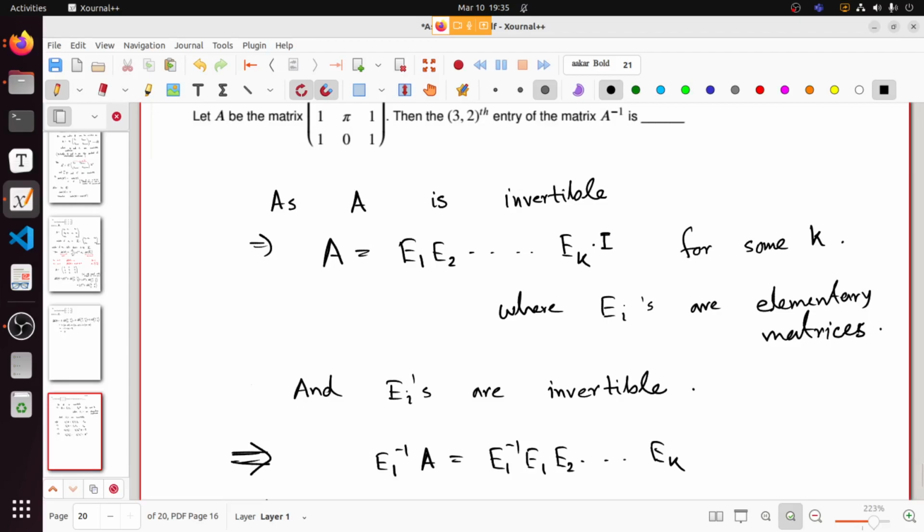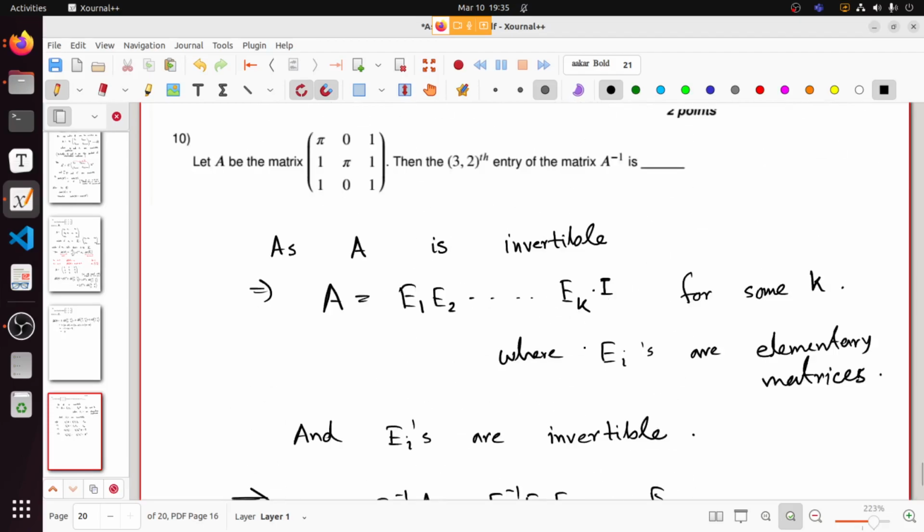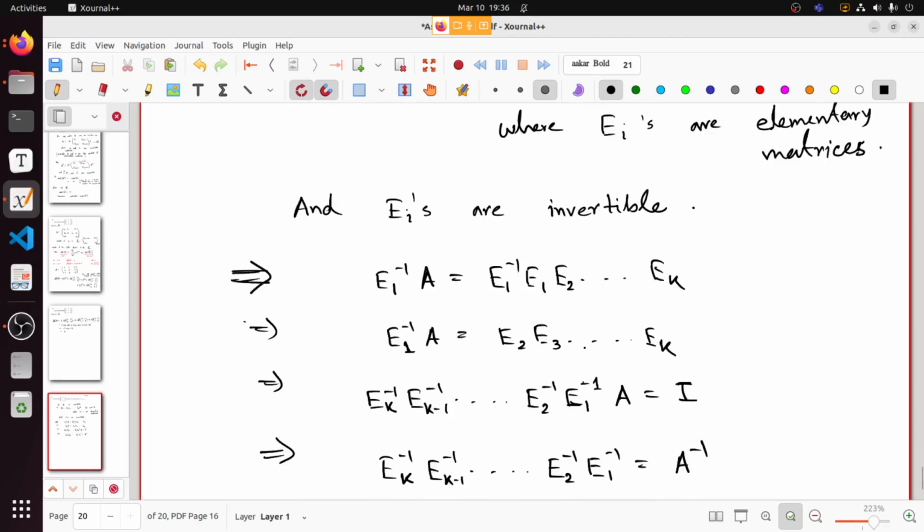If you apply elementary row operations to A and get I, then if you apply the inverse of the elementary operations to I, you will get A inverse, right? Suppose these are the elementary row operations that you are applying from A. That is what I am saying. So from here you can see.